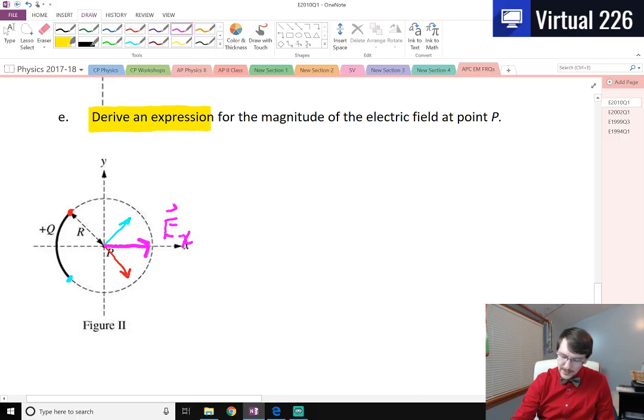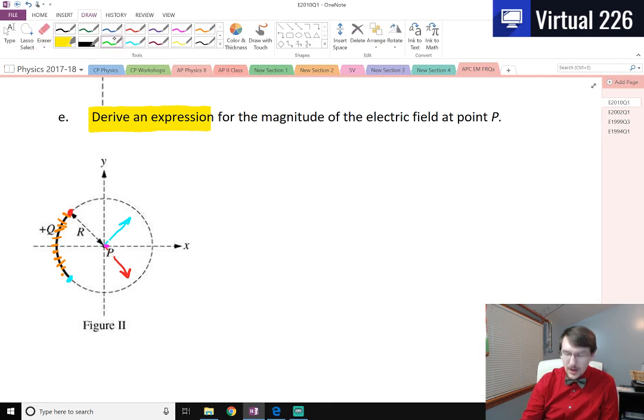And that E field in the x direction is the combination of all the little bits of charge in this arc. Now, the thing that's a little bit weird is that as you move through this arc, you're going to get different amounts of E field from each piece, because while the blue and red vectors there have some length, all of these vectors are going to have length, but that vector that's sitting right here, all of it is going to be pointed in the x direction.